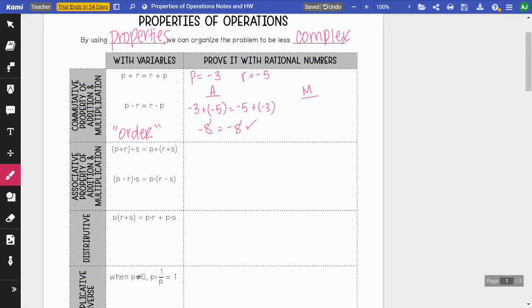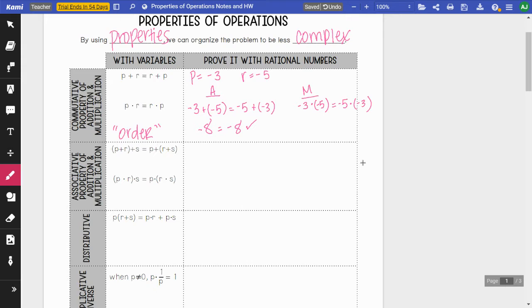Let's look at it for multiplication. -3 times -5 is equal to -5 times -3. I multiply, and same sign gives a positive answer, opposite signs give a negative answer.